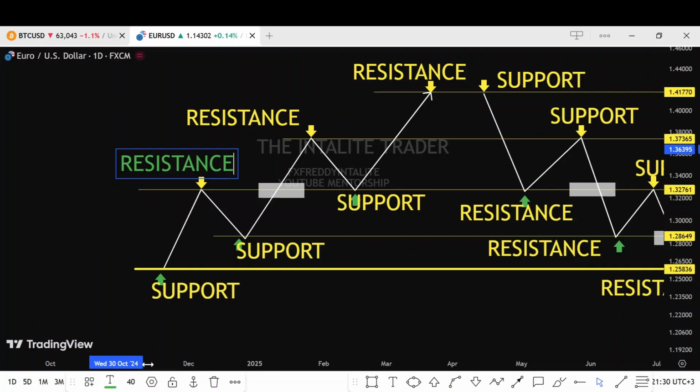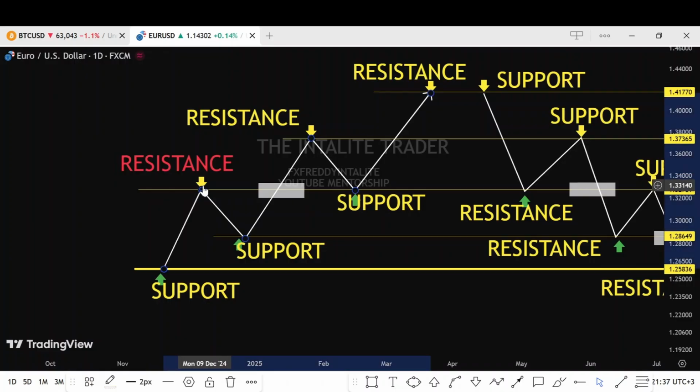Resistance. Let me give it red. So we call this resistance. Now, once price is resisted from continuing up, it drops down. It comes back down to find support such that it can further continue going up.